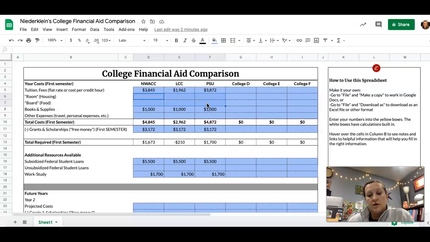So you need to be very careful with that and realistic. There's another column here called other expenses. You definitely need to look at that. Most college students don't just go to class, to their dorm, and then to the cafeteria. Most go other places than that. So other expenses probably need to be added in there as well.